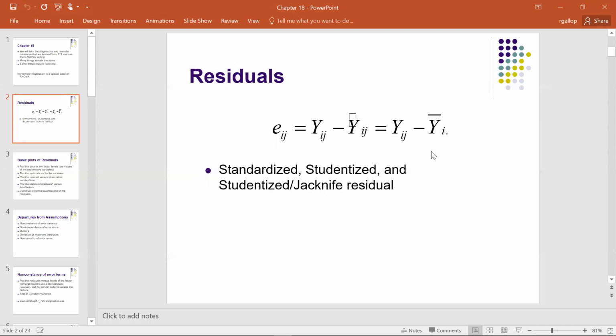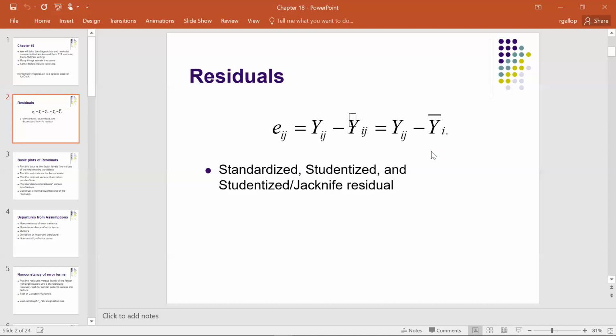One of the other goodness of fit things is getting after whether or not we have outliers. And again, remember, an outlier is an unusual observed value that's either much larger than you would predict, or much smaller than you would predict.